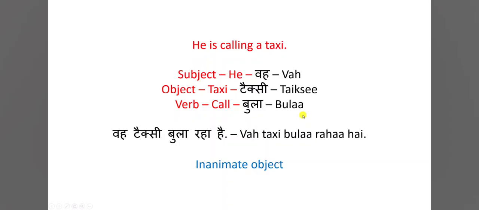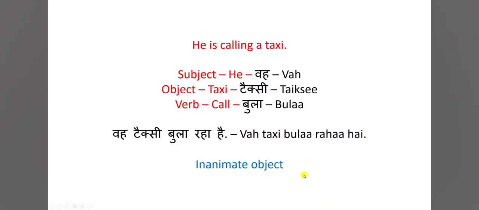When we have an inanimate object as the object of a sentence, we don't need to add the postposition ko to it. Taxi is taxi, but you can use the English word taxi itself.